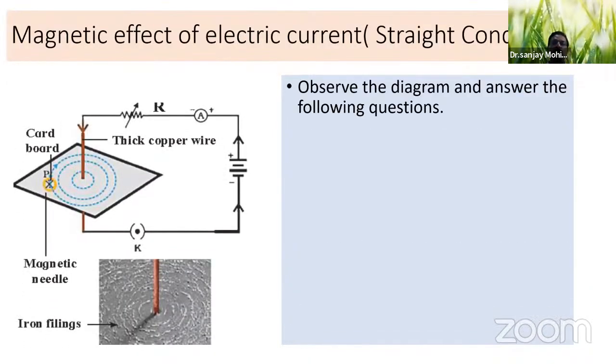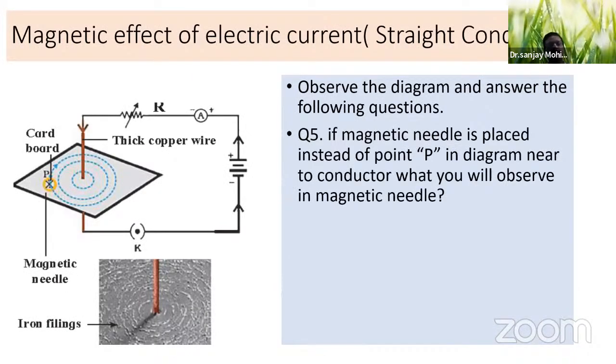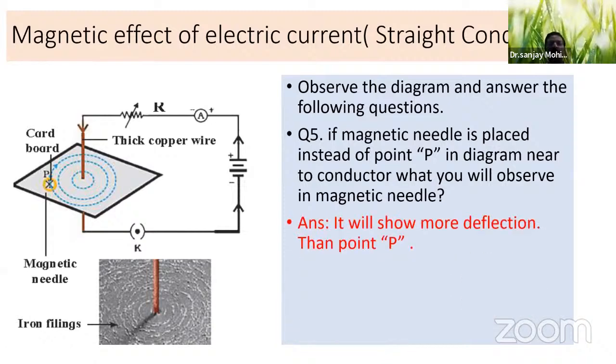Now we'll move to another question. The point P is shown in the diagram in the textbook. If a magnetic needle is placed at point P near the conductor, and we move towards the conductor, meaning we come closer to it, what will happen? There is more deflection at point P, because the magnetic intensity is more.